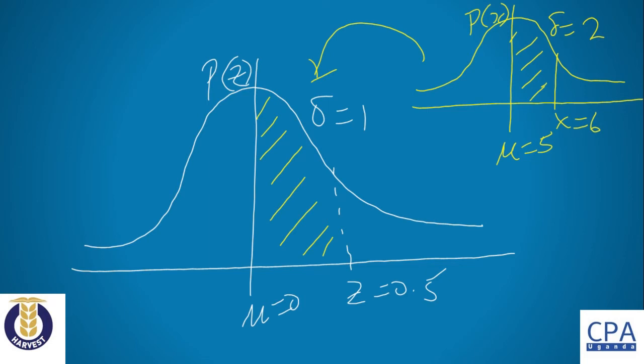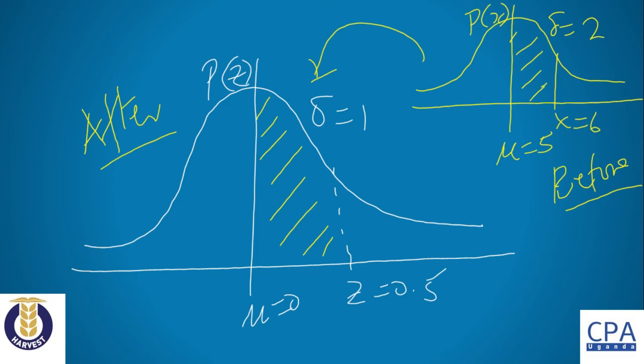So this is the curve, the normal curve before standardization, and then this is the curve after we have done the standardization.